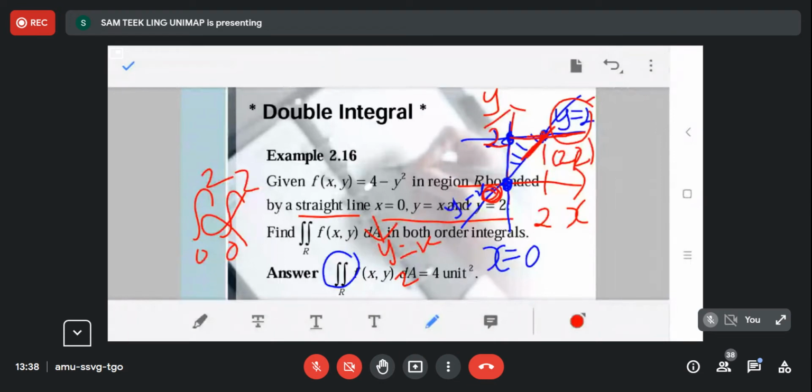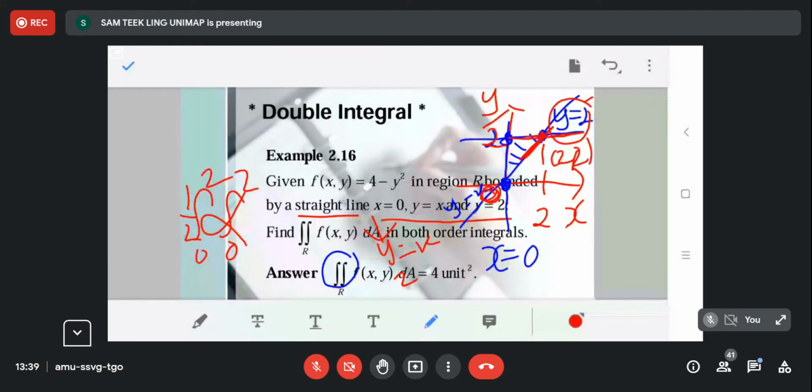But you can see this one is a triangle, so it is not 0 to 2, and also not one half. Please make sure these are not correct. If it were easy like that, we would not need to sketch. We sketch because we will use this picture to find our limits.